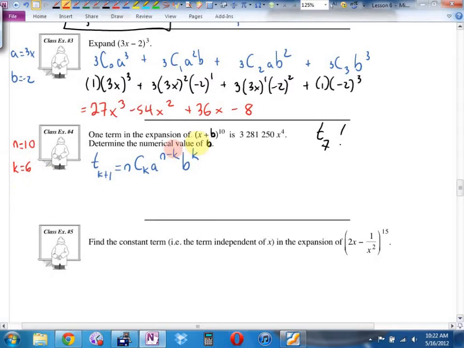What's a in this question? X. What's b in this question? It's a trick question. B is equal to b. Let's fill in as much as I can on the right-hand side then. N, 10. Choose k, 6. X to the 4th. B to the 6th.